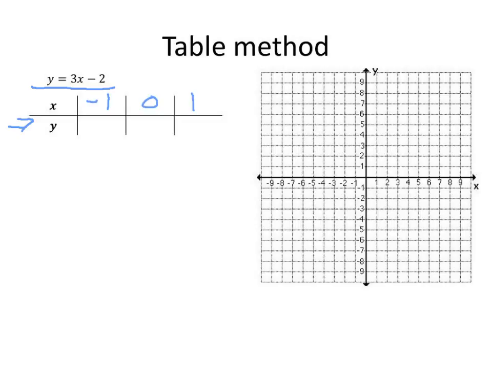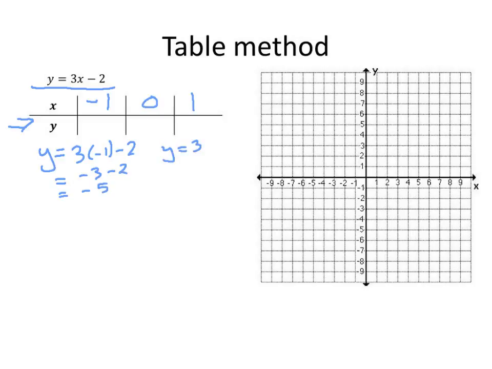So we're going to say y is equal to 3 times -1 minus 2. And 3 times -1 is -3. -3 minus another 2 is -5. Do the same for 0.